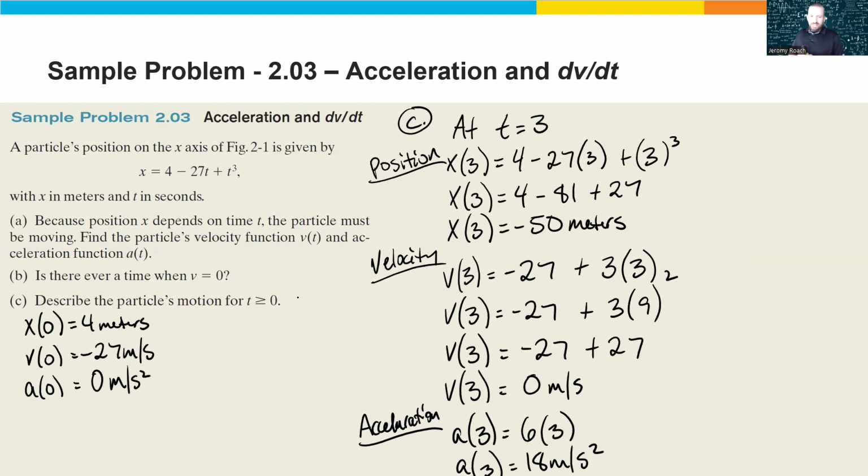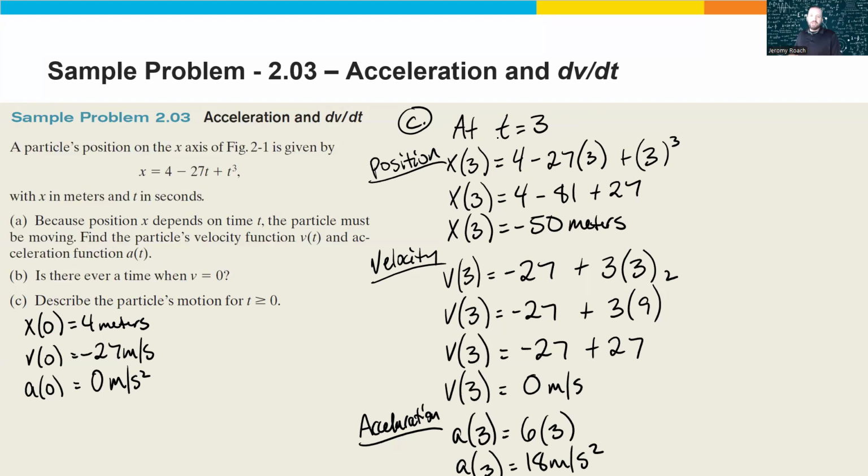All right. Now we want to figure out what's happening beyond that. So we have these starting values for when time is zero, but we want to find out next what's happening in terms of the particle's motion when it's greater than zero. So I just picked a number, 3.